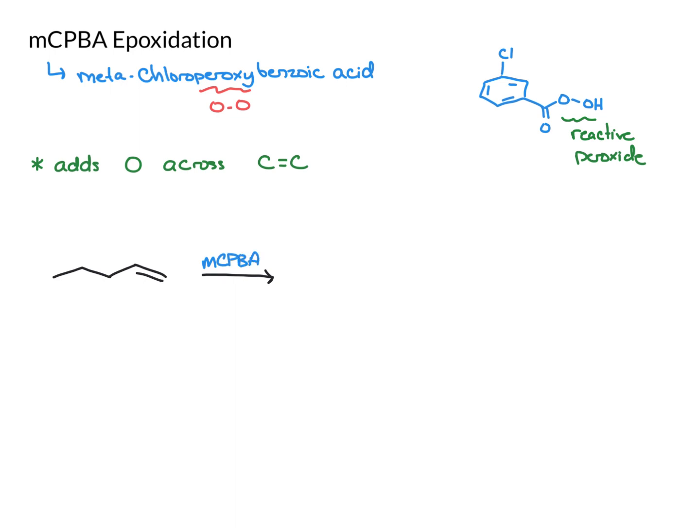All right, what we're effectively doing is adding an oxygen across that double bond. The double bond goes away. And if we form a single bond to the oxygen with each carbon that was part of the double bond, we get our epoxide.